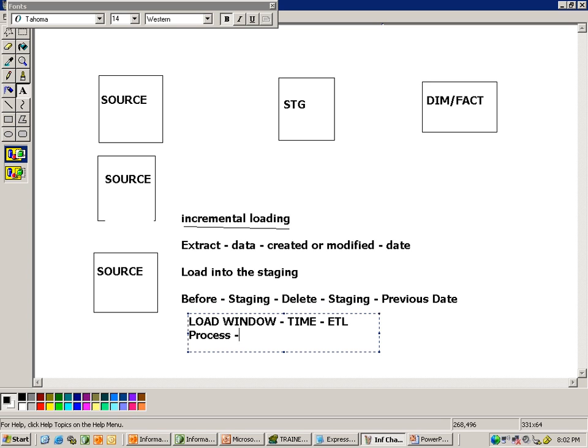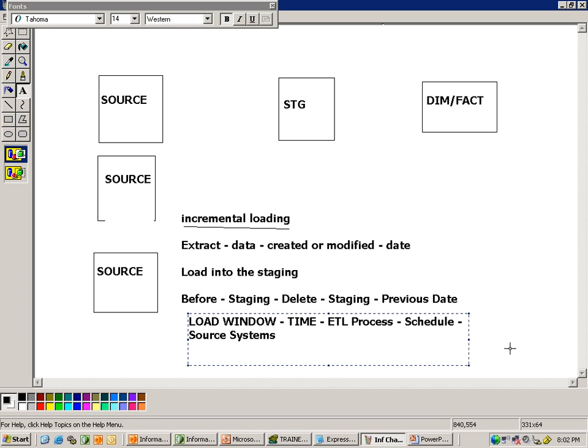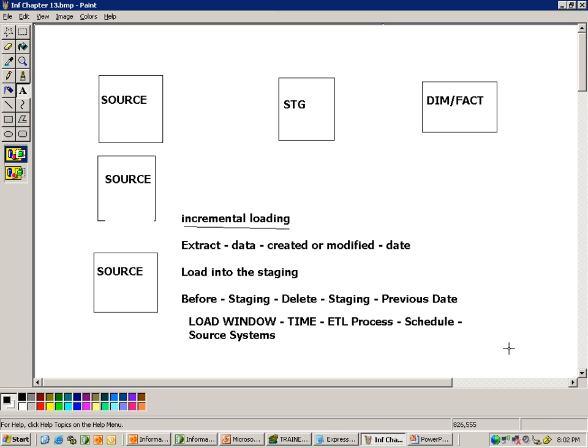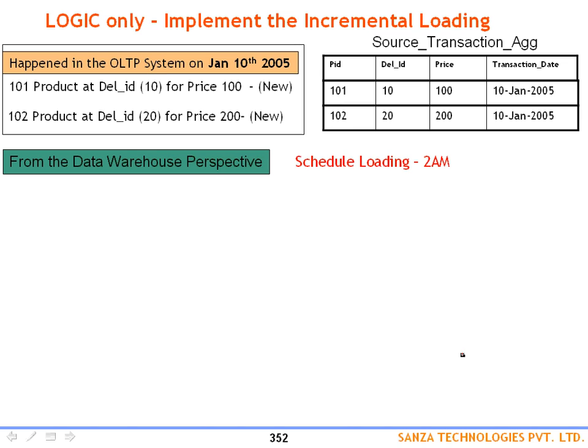That is the schedule, at what time we extract the data from the source systems. Let us assume you have a schedule every day at 2 a.m. to load the data of the transaction systems.